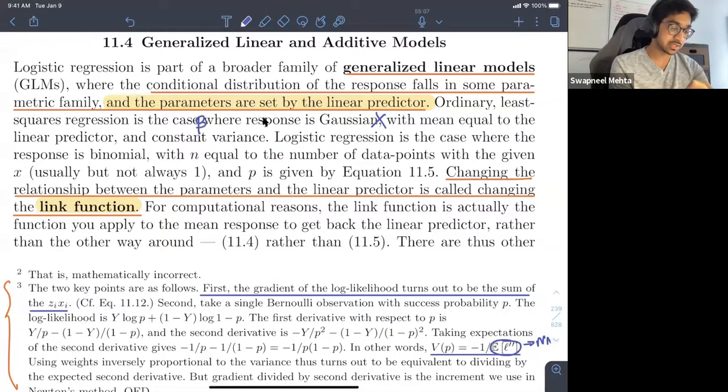So we're saying that the conditional distribution of Y given X falls into some family of X and beta. Logistic regression belongs to this family, but this is a bigger family than just logistic regression because we can specify different forms for this f of x and beta.